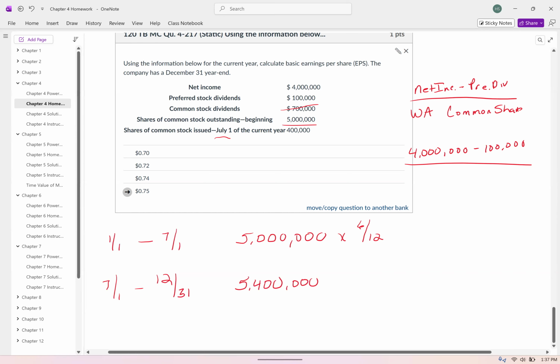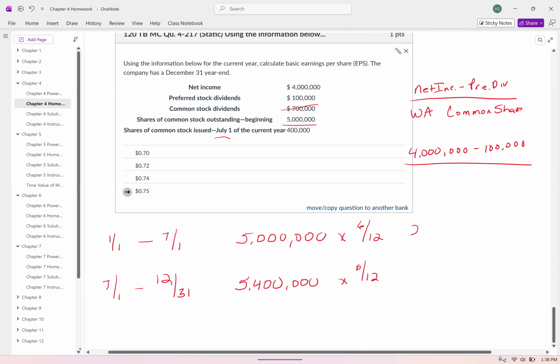Then there is another 6 months. July, we're counting July down here because 5,400,000 was outstanding for the whole month of July. So July, August, September, October, November, December is also 6 months. So we're going to multiply those out by 1/2 or 6 divided by 12.